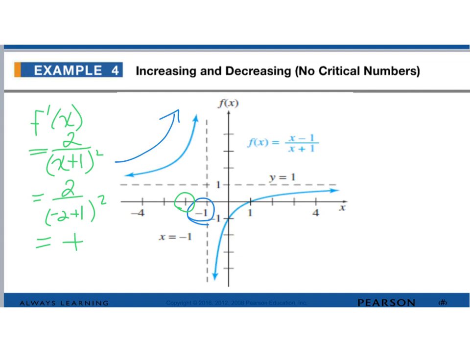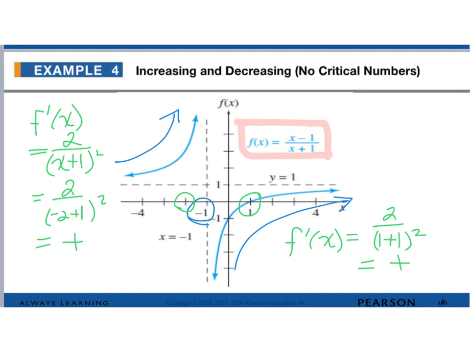And then using the test point +1, f prime of x is equal to 2 over 1 plus 1 squared, which is still positive, which tells you then that your function is again increasing. And so this function is always increasing.